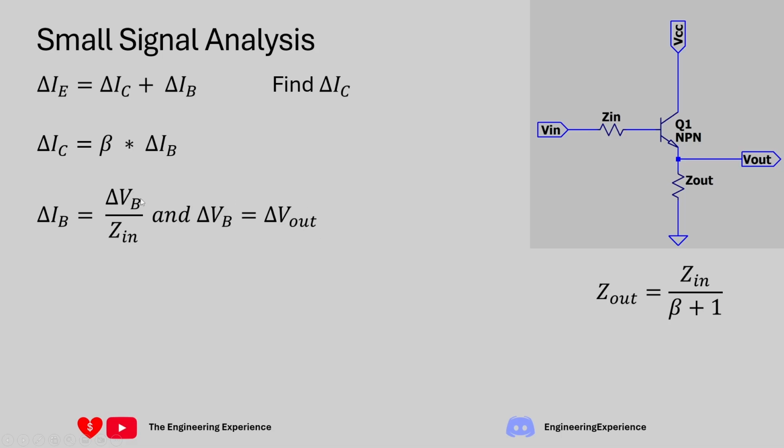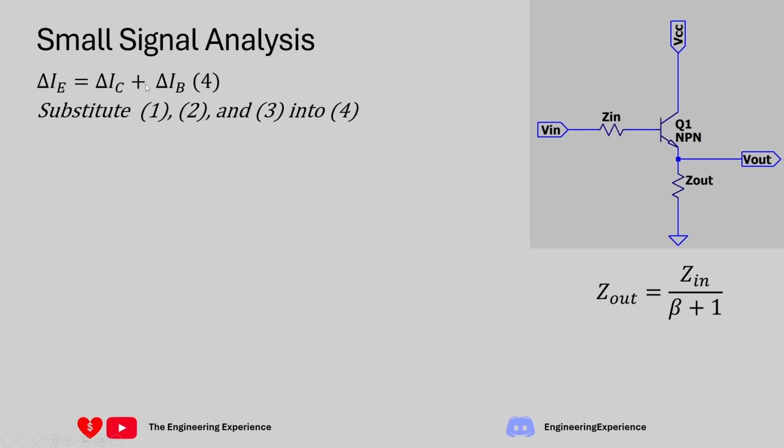So we replace the VB with V out, and we substitute this equation in. So beta multiplied by V out divided by Zin, and that basically gives us our IE, IC, and IB.